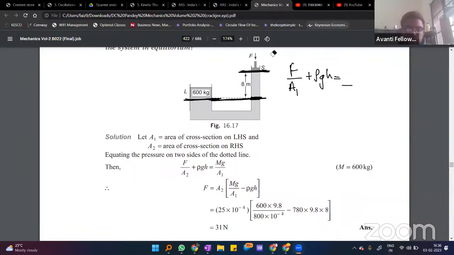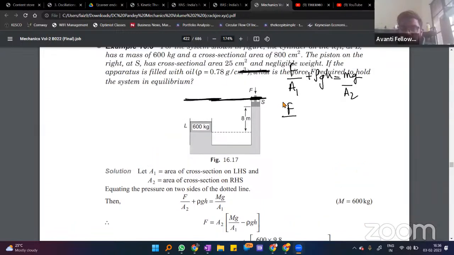Okay, where is the pen? Okay. The force is mg by area A2. So we have to calculate force. What is area here on the left side? The area is, what is the area here on the left side? I think it's, let me just check. Yeah.